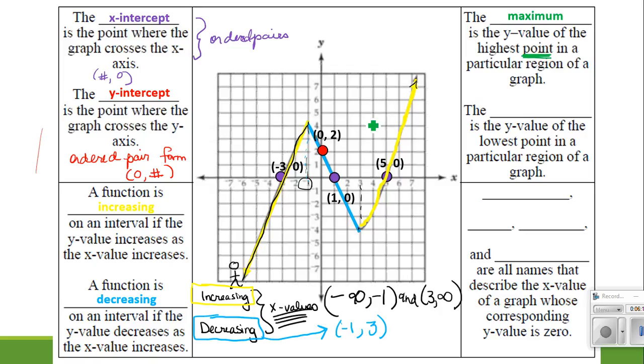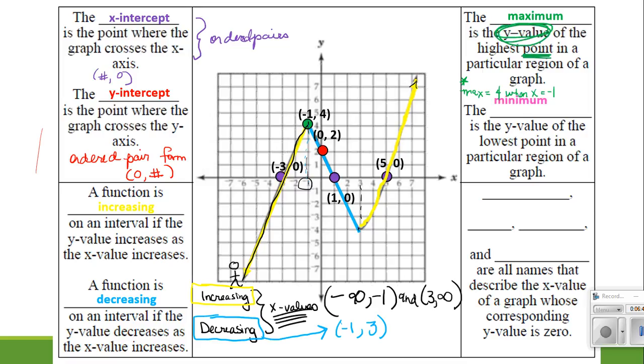So can you find a high point along this region? Well, it's right there. So the maximum value we would say is 4 when x equals -1. That is how we would write the max. The max is equal to 4. It's the y value when x is -1.